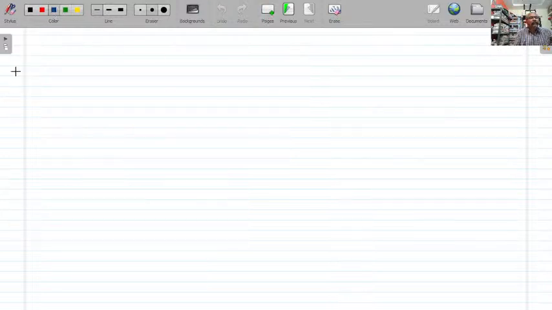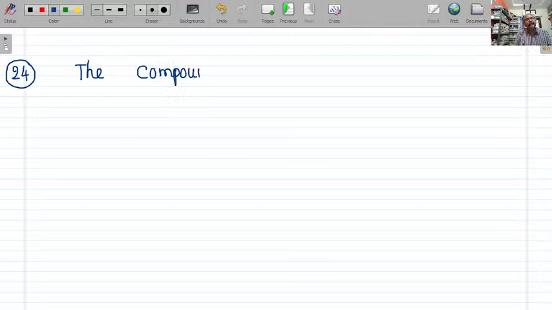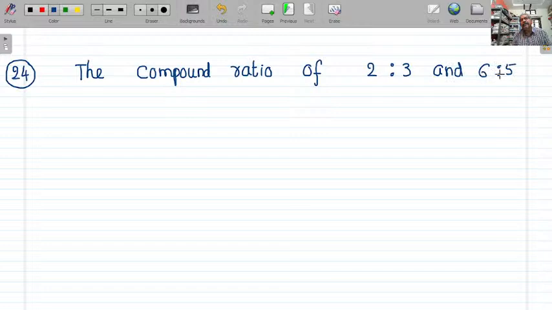Okay, 24th problem. The compound ratio of 2 is to 3 and 6 is to 5 is.